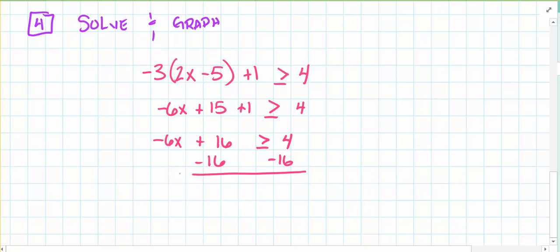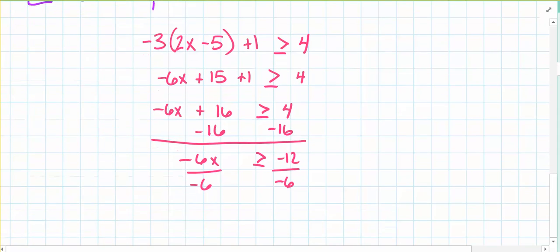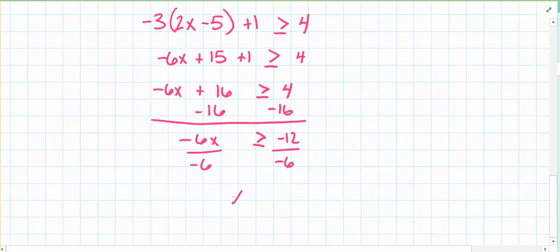And we're going to get negative 6x is now greater than or equal to a negative 12. We're going to divide by negative 6, divide by negative 6. Now, whenever you divide by or multiply by a negative number for inequalities, we reverse the direction of the inequality symbol. So therefore, x is now less than or equal to a positive 2.